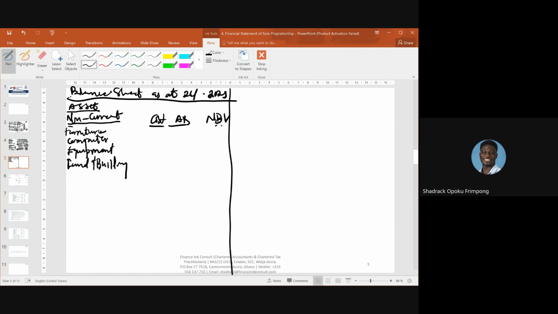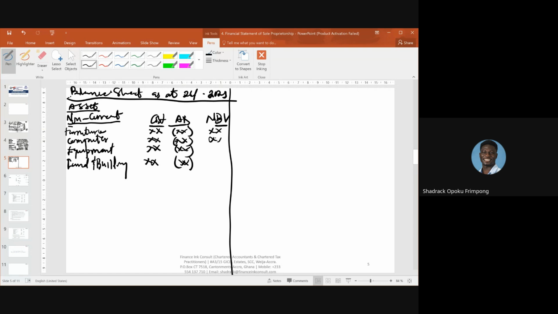So the cost of the furniture, the cost of the computer, the cost of the equipment, and the cost of what? Land and building. Then accumulated depreciation. So all the depreciation we have charged or computed on this particular asset will be deducted. Then our cost less accumulated depreciation gives us our net book what?